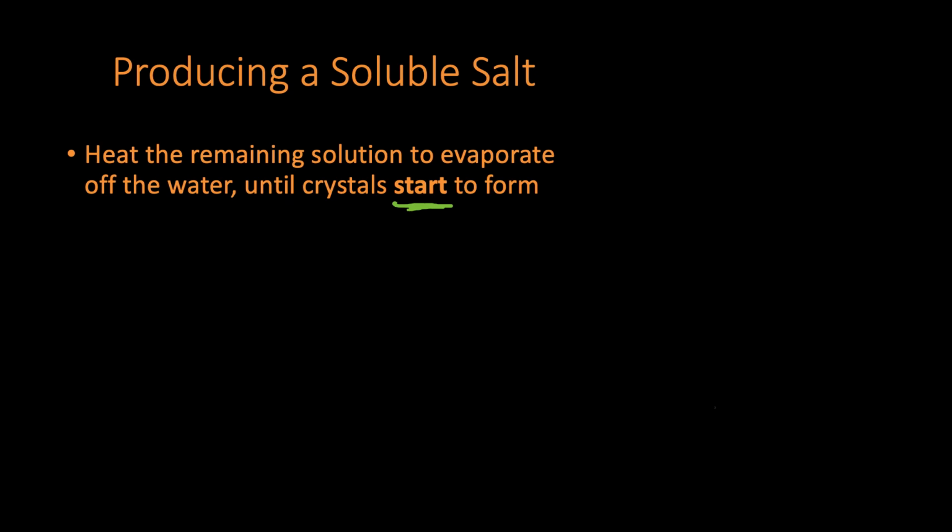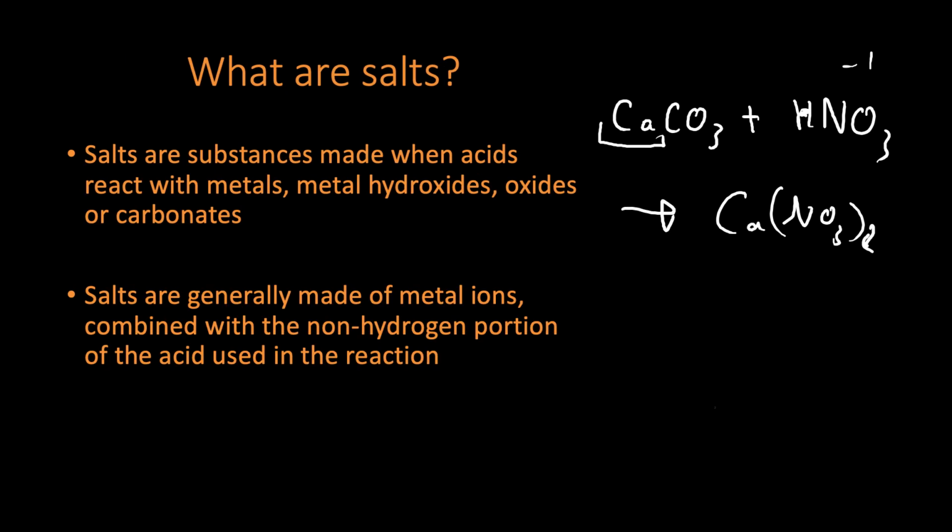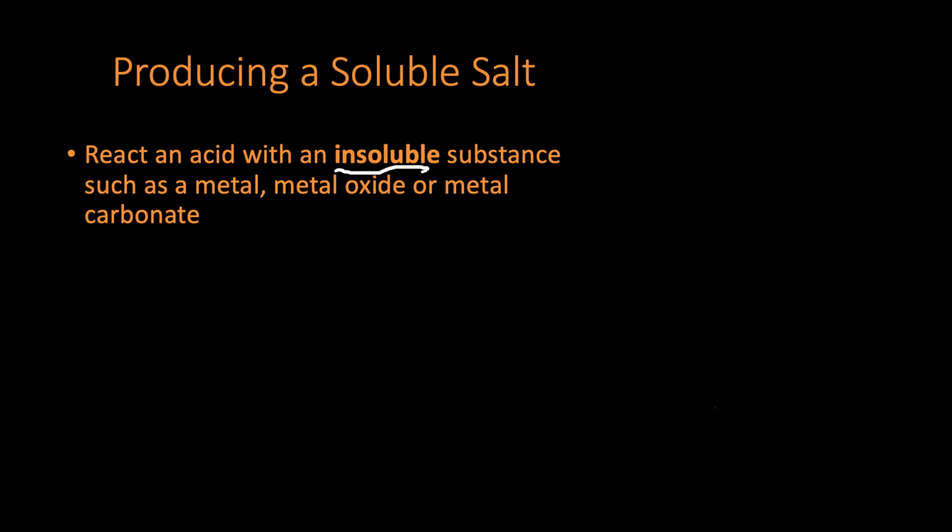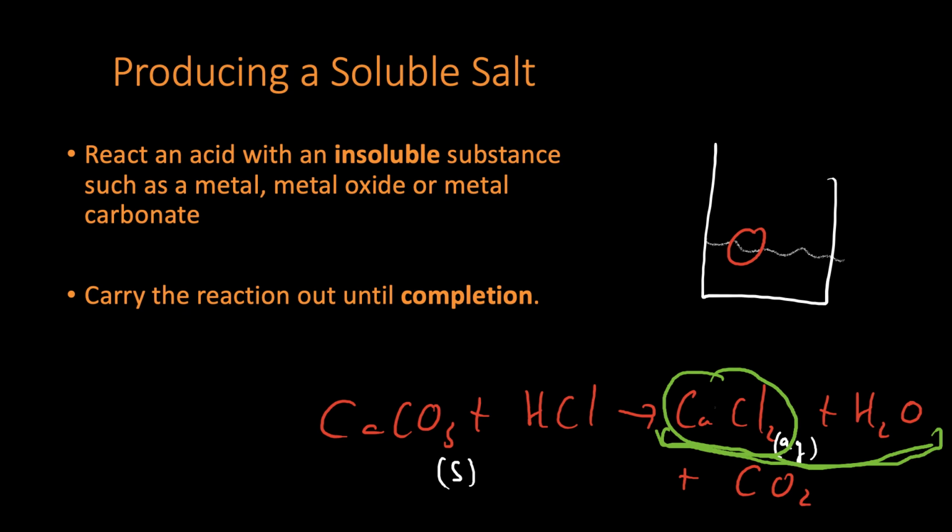So if you were to consider the steps again, let me just run through them. You basically take an insoluble substance, right, which is a metal oxide or metal carbonate. You react it with an acid in order to form a soluble salt, right? But you need to make sure that that reaction happens to completion. And then you need to add solid until the solid is in excess.